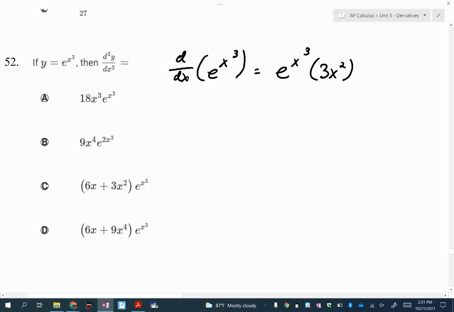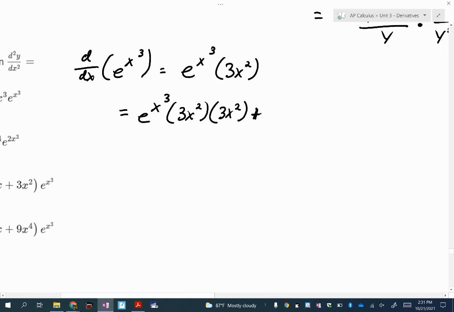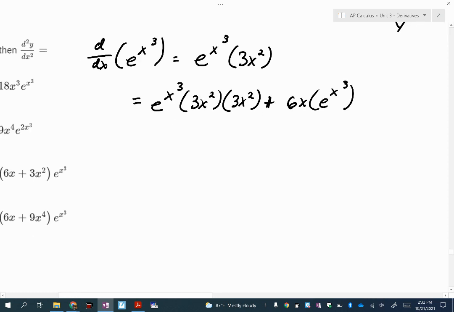We need to find the second derivative here, which is going to involve the product rule. So the derivative of e to the x cubed is going to be e to the x cubed times 3x squared, times the second one, which is still 3x squared, plus the derivative of 3x squared, which is 6x, times e to the x cubed power.